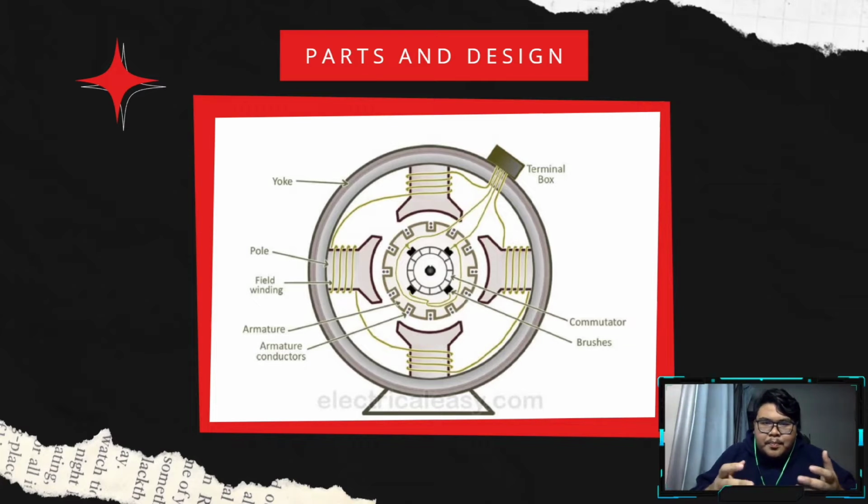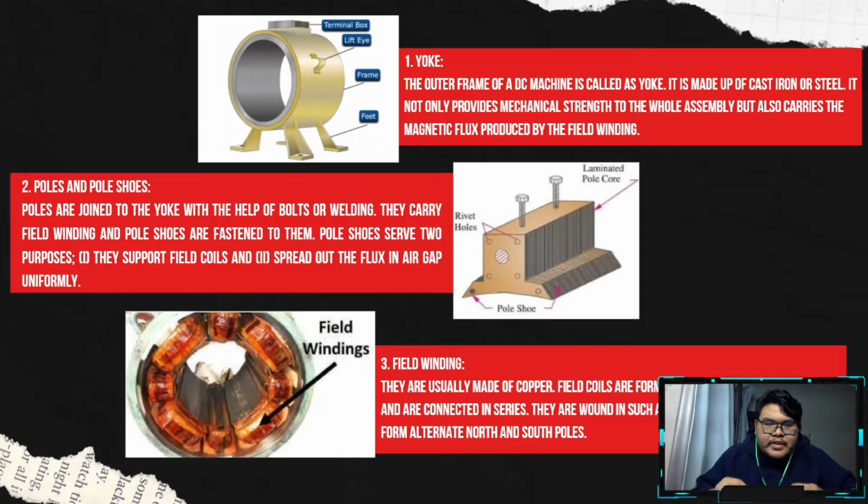This is the part and the design of DC machines. First, a DC machine has a yoke. The yoke is the outer frame of the DC machine, and it's usually made from iron and steel. This is a simple yoke.